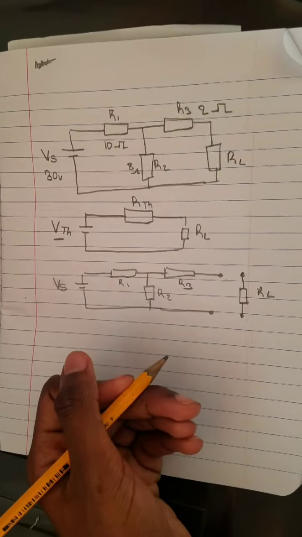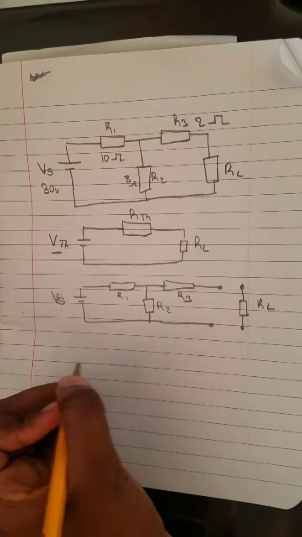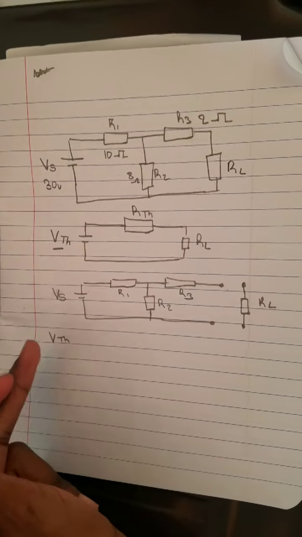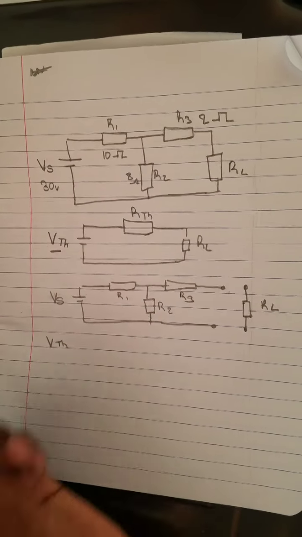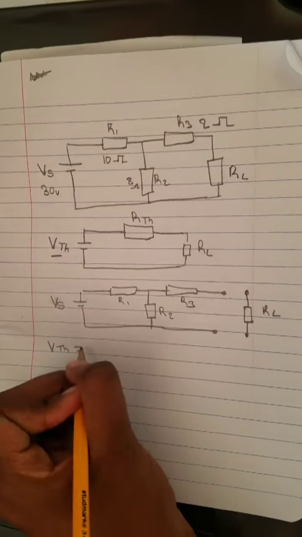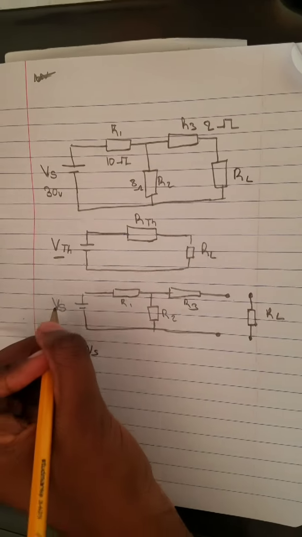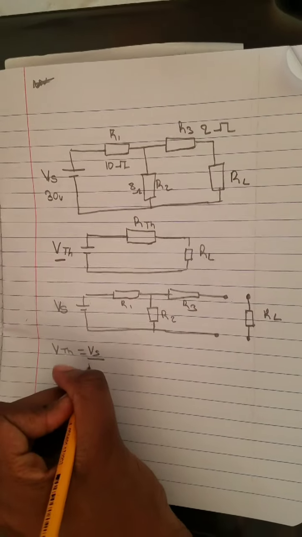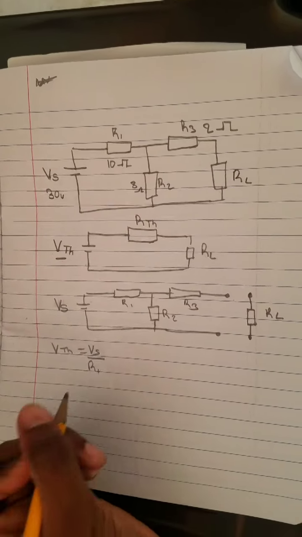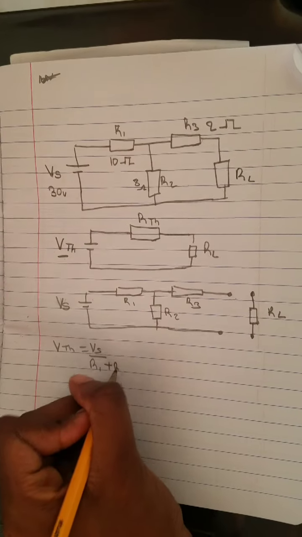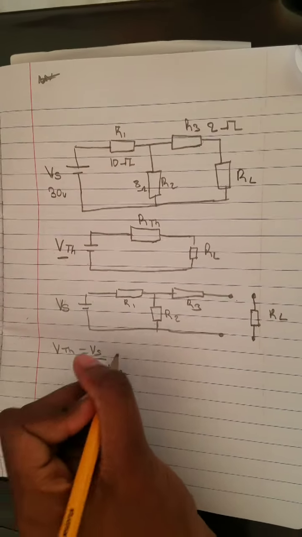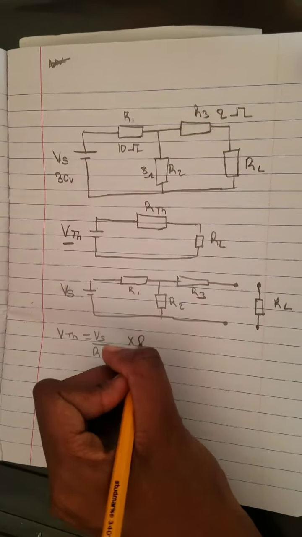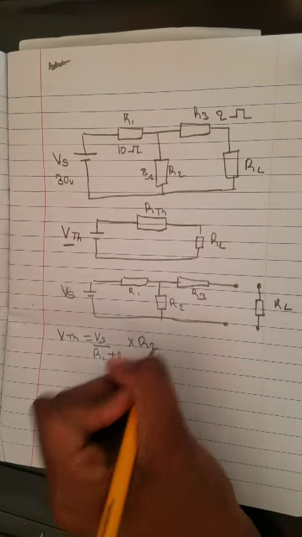So we need our formula, which is VTH. This is the formula for Thevenin voltage: VTH is equal to Vs, the voltage source, over R1 plus R2, and all this times R2.